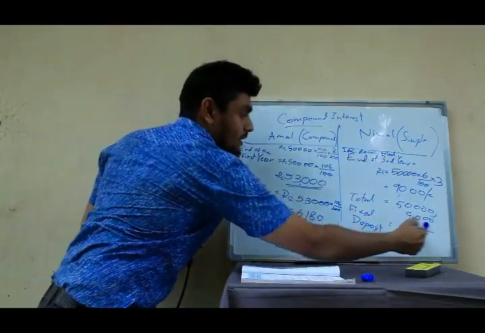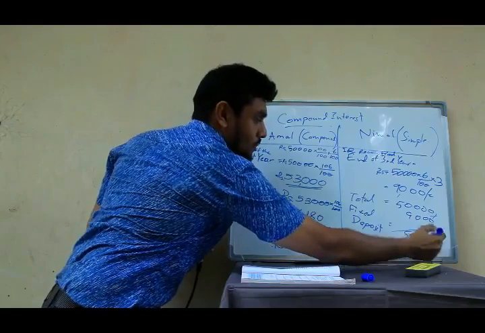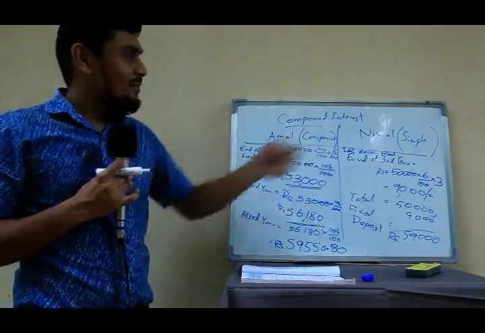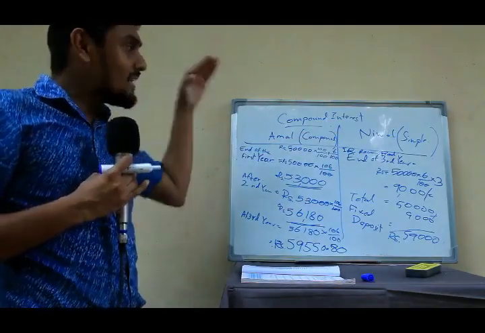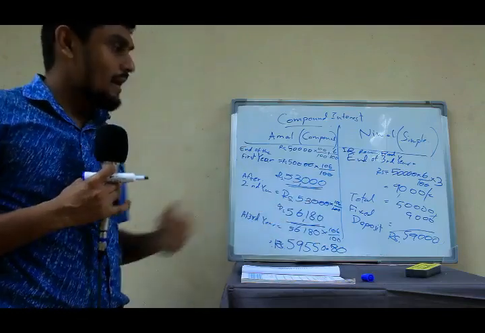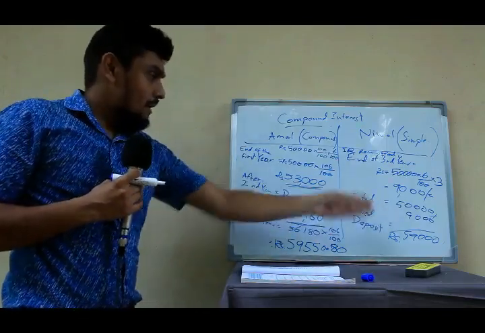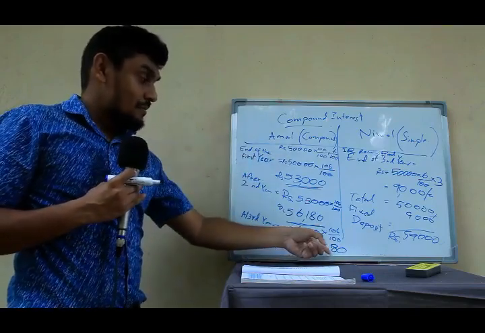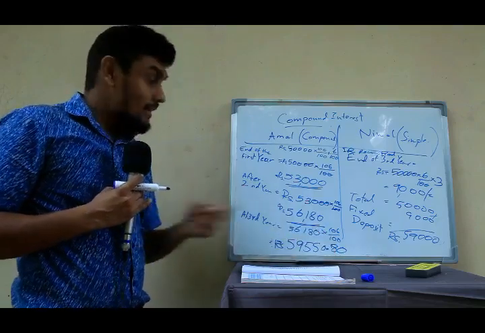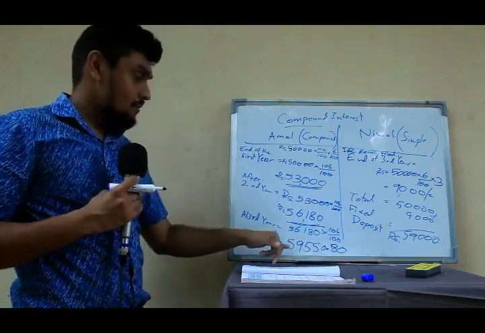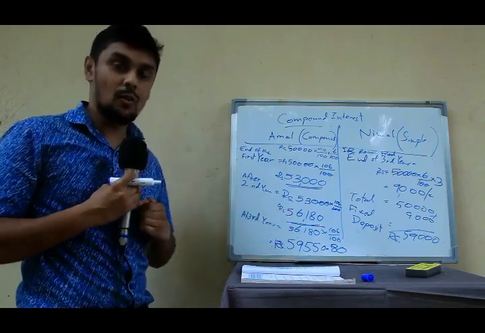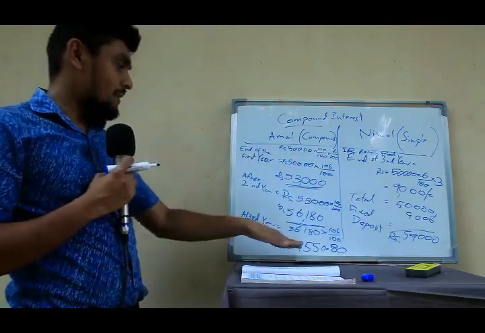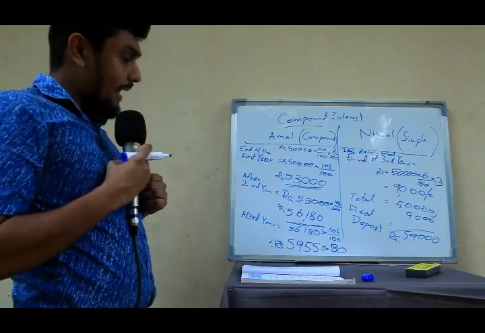Then the total deposit is 59,000 rupees with the interest. That is the answer for the simple interest method. So you can compare those two answers: simple, 59,000, and compound, 59,550 and 80 cents.